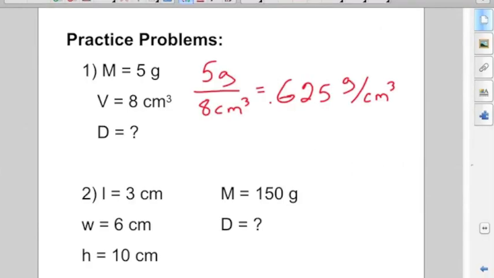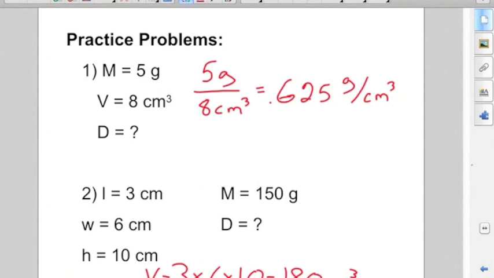Okay, next one. Here we have the length, width, and height, which you need to use to get the volume. Volume is going to be length times width times height, which equals 180 centimeters cubed.